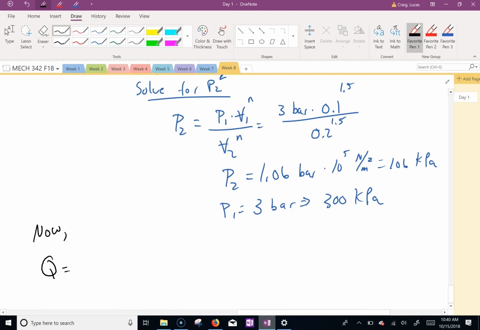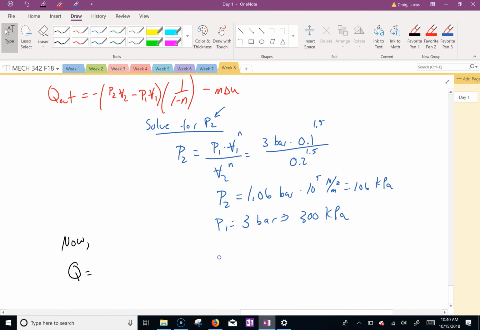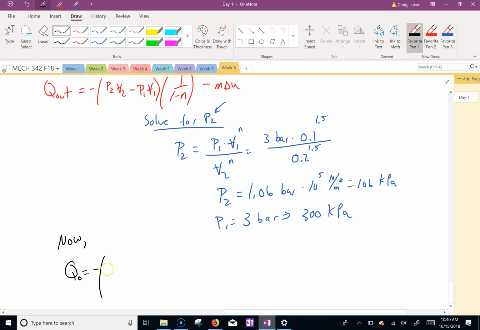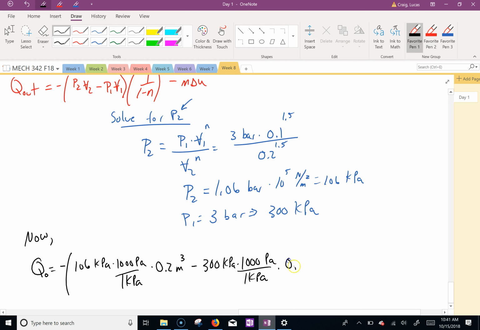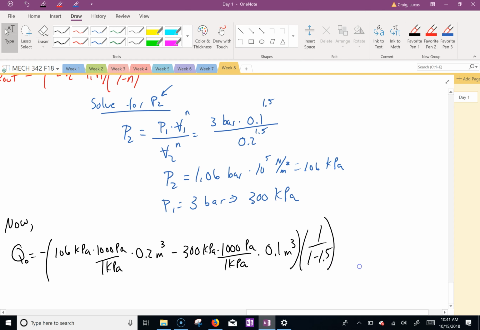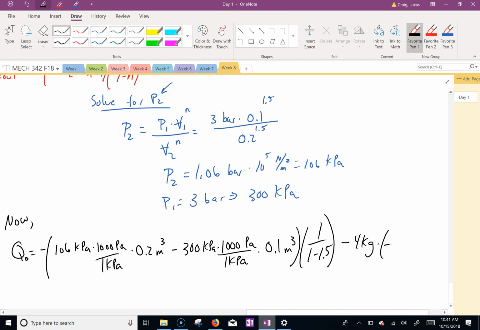Q out is minus 106 kilopascals times 1,000 pascals per kilopascal times 0.2 meters cubed, minus 300 kilopascals times 1,000 pascals per kilopascal times 0.1 meters cubed, times 1 over 1 minus 1.5, minus 4 kilograms times a negative, what was it? 4.6 kilojoules per kilogram.